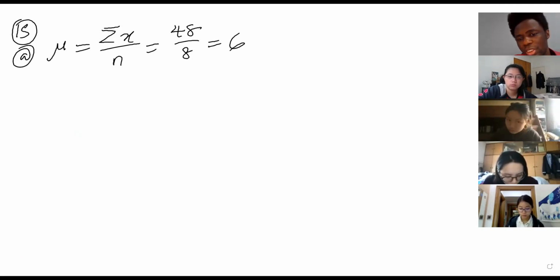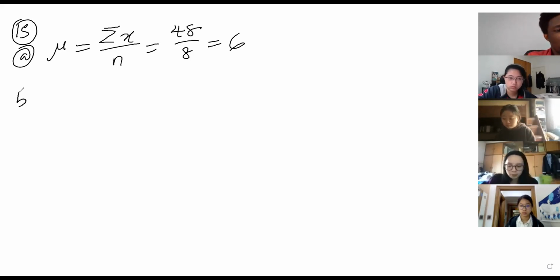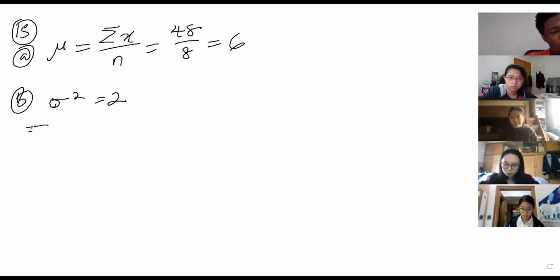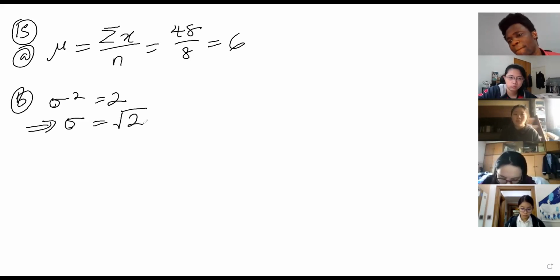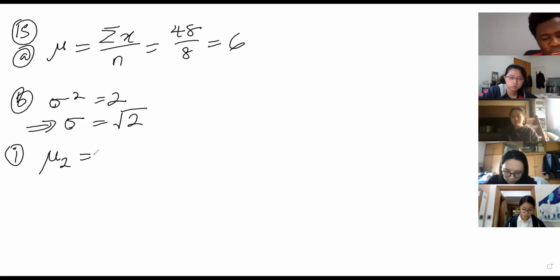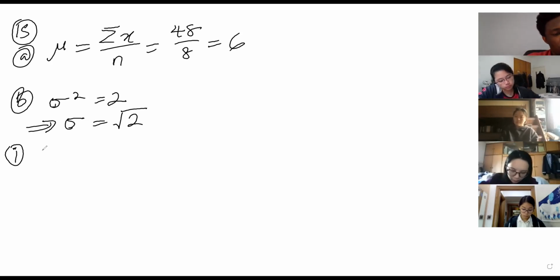The second part of the question says the variance of the data is 2. So variance is sigma square. Sigma square is 2. You don't need to write the words standard deviation, we will understand. The question now says each data is multiplied by 3. Find the new mean. I could say mu2, or you could just say new mu, it's fine.